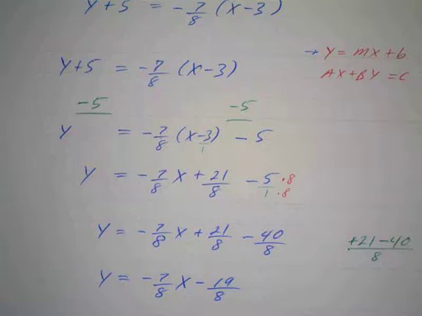Okay? And that would be our equation in slope-intercept form. So it goes to the point (0, -19/8). That point is on the graph. So it would be (0, -19/8) is a point on the graph. There's your (0, b). That's your b, and there's your slope.